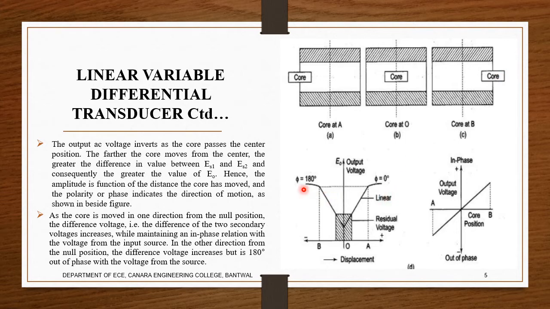We can also analyze it in another way: it is at the null position and slowly moving to the A position, moving like this. It is linear up to a certain point A.